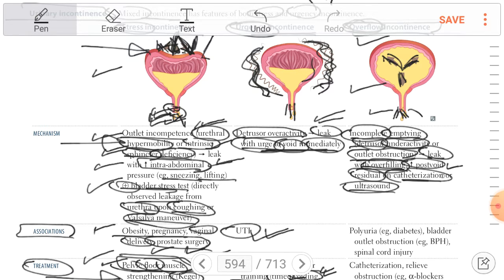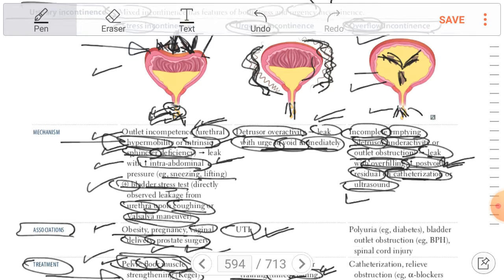After voiding, there is incomplete voiding. So after voiding, there is a post-void residual amount of urine. There is an increase in the residual urine after voiding, because there is incomplete voiding. In catheterization and what? Ultrasound.